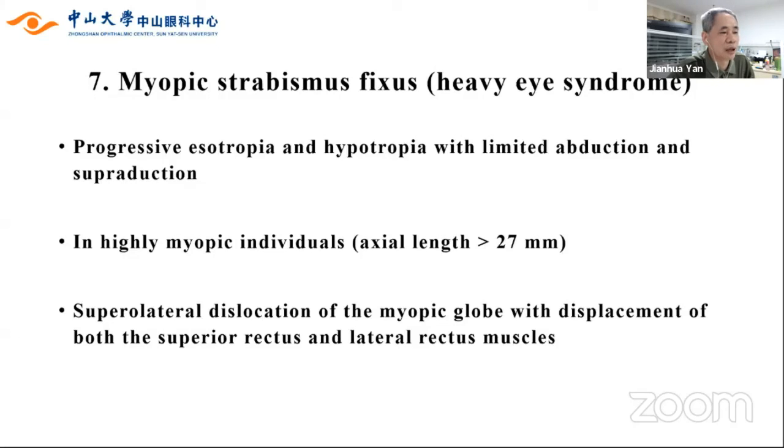It's characterized by progressive esotropia and hypertropia with limited abduction and supraduction. It usually occurs in high myopic individuals with an axial length more than 27 millimeters. The mechanism is the superolateral dislocation of the myopic globe with displacement of both the superior rectus and the lateral rectus muscles.